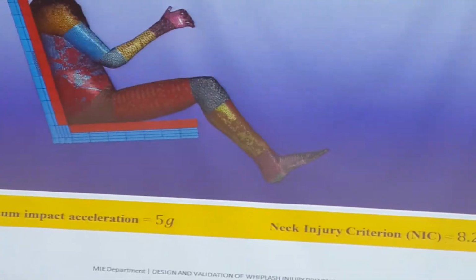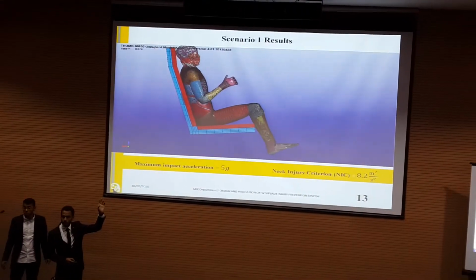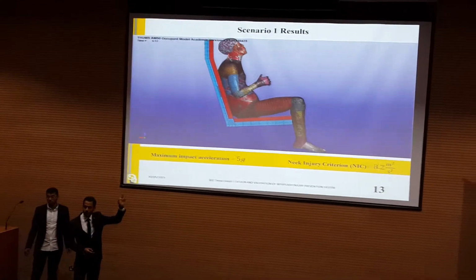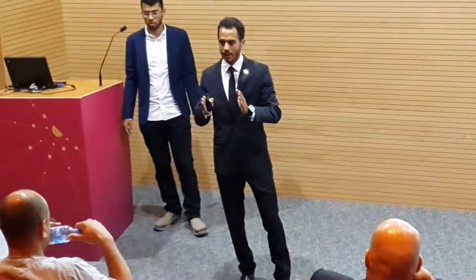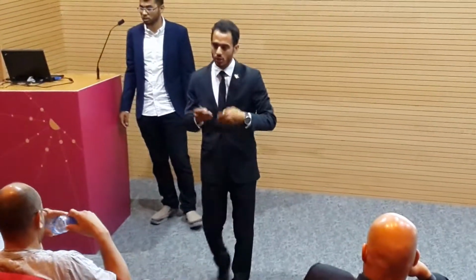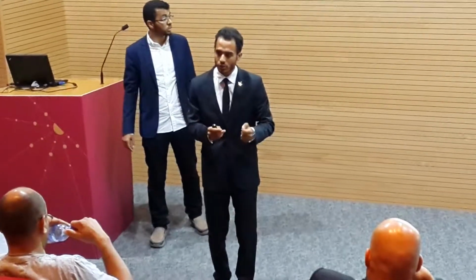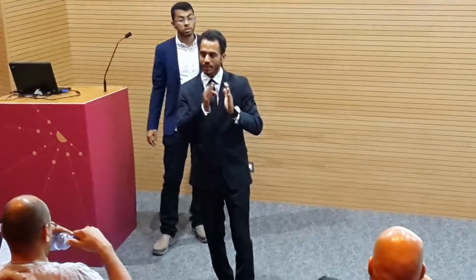Yeah, I understand. Based on the distance that the head restraint would deploy after the impact. So with the initiation of the impact, the head restraint would deploy to reduce the backrest distance.